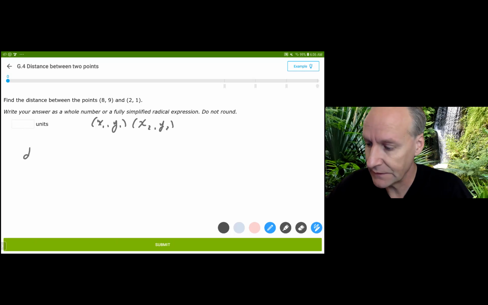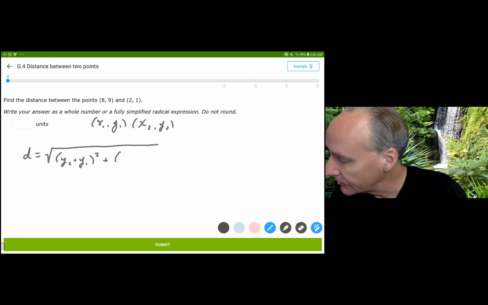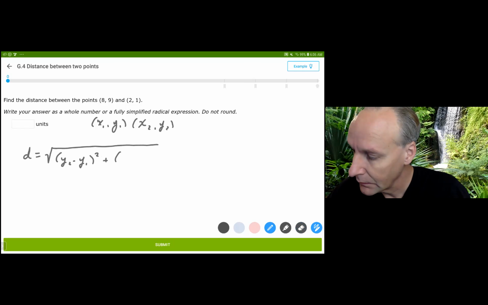Now, what I'd like you to do is take a look at the slope formula too, but let's start with the distance. The distance formula is equal to the square root. Don't worry, it's not that scary. Most people write it in this order: y2 minus y1 squared plus, sorry, x2 minus x1 squared.